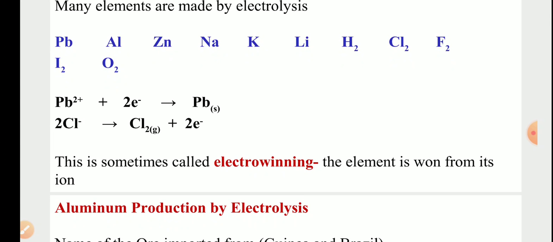Now here is the chemical presentation of how one can get lead as a pure element by electrolysis.